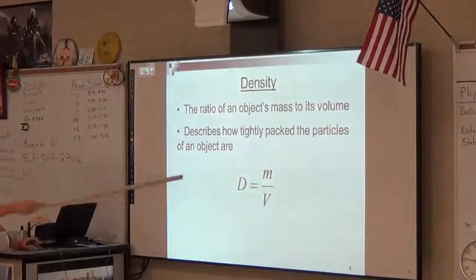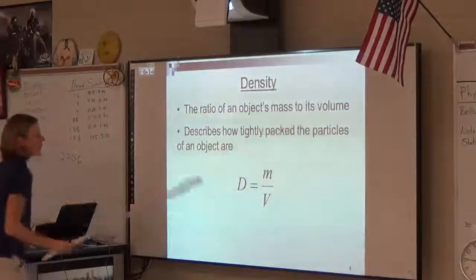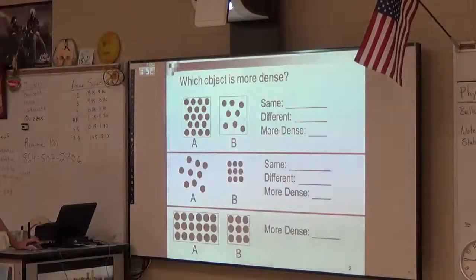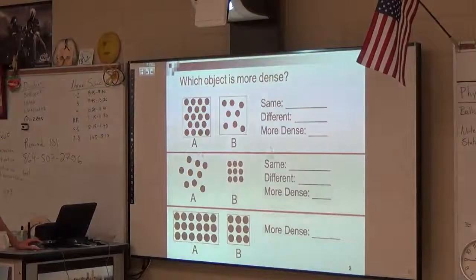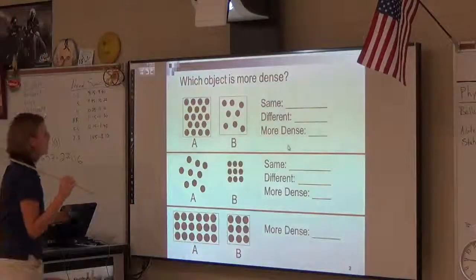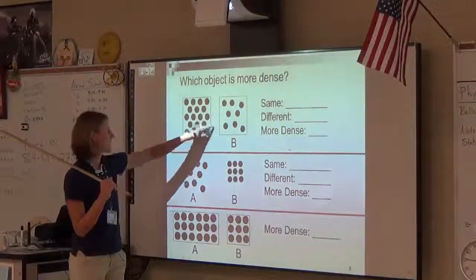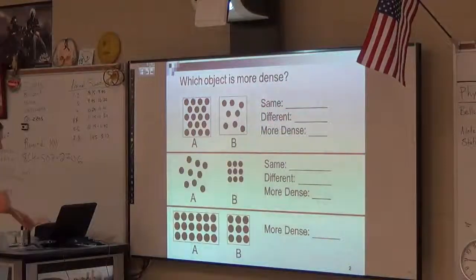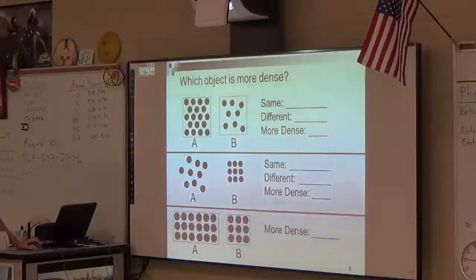Now, as far as the particles are concerned, talking about water, density is basically referring to how tightly packed those particles are. So let's say I have object A, object B. They both take up this exact same size, both these little boxes. So what is the same, their mass or their volume? Their volume.